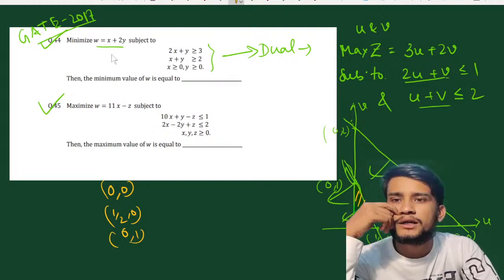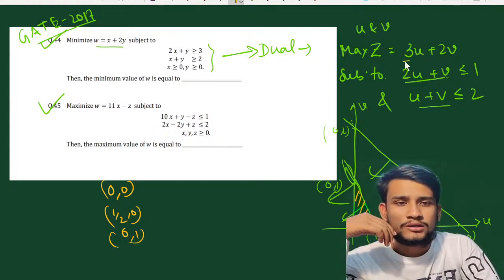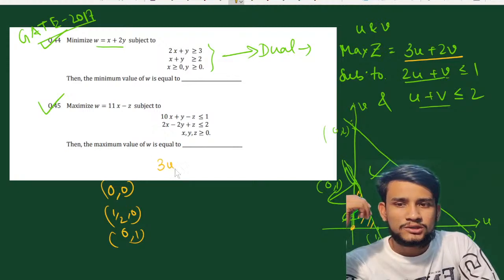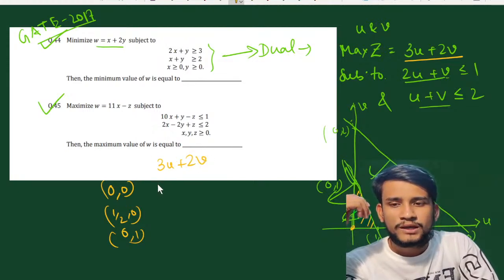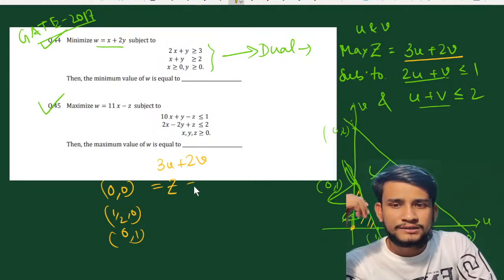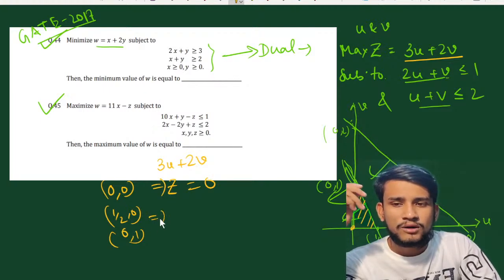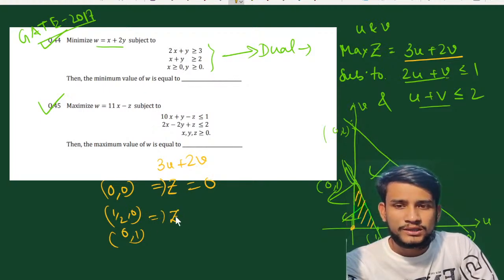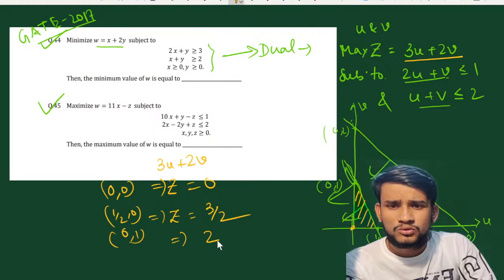Now we find the value of the dual, 3u plus 2v. At (0, 0), the value of z is equal to 0. At (1/2, 0), z equals 3/2, and at (0, 1), z is equal to 2.